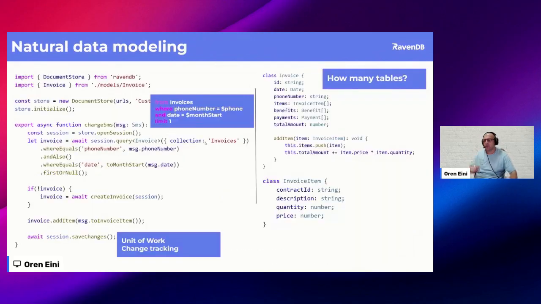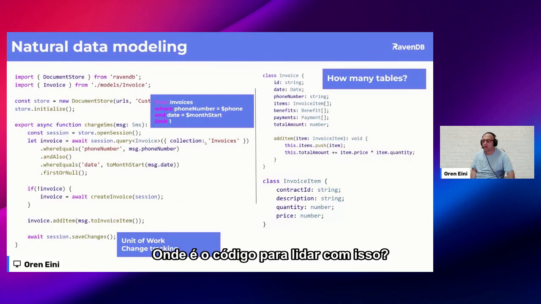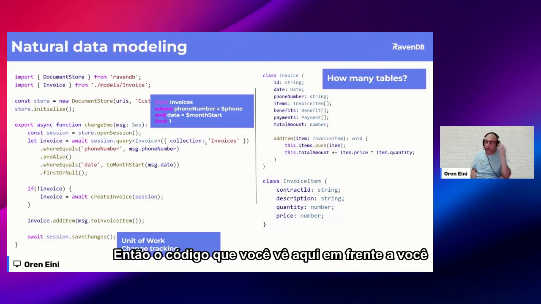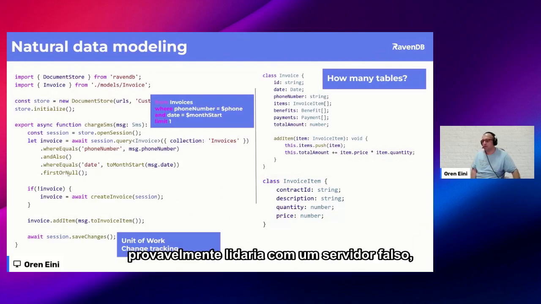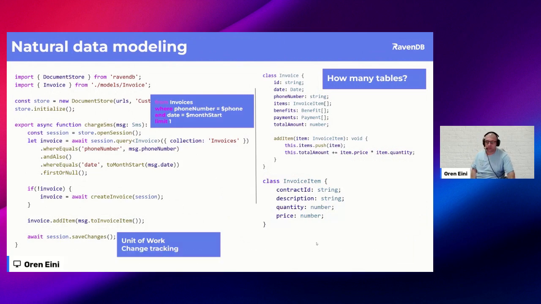In the same sense, what happens if I'm running in a cluster and one of the nodes is down? Where is the code to handle that? According to the way I'm thinking about this, it is not your responsibility, this is mine. So the code that you see right here in front of you would probably handle a failed server completely transparently to what you're doing.